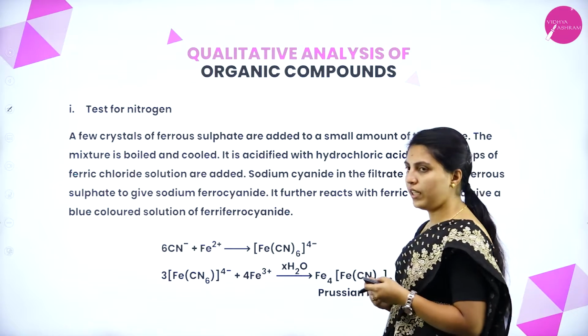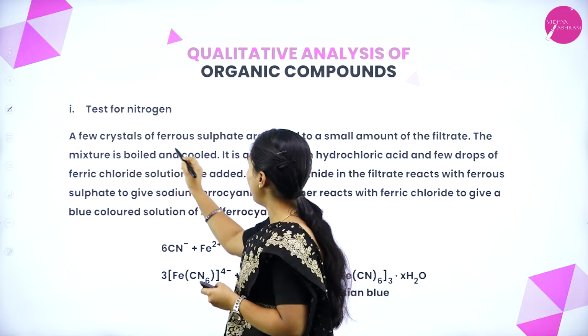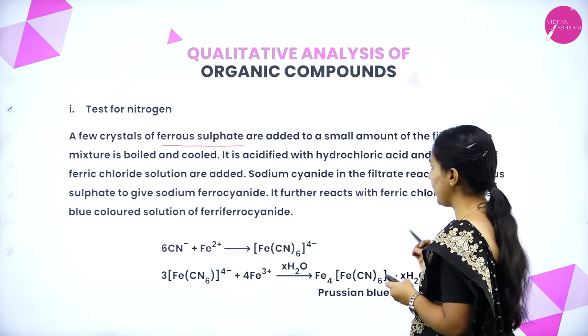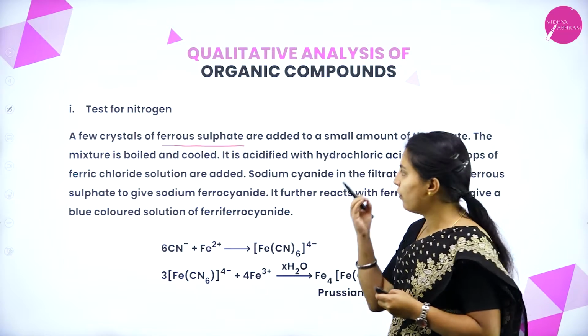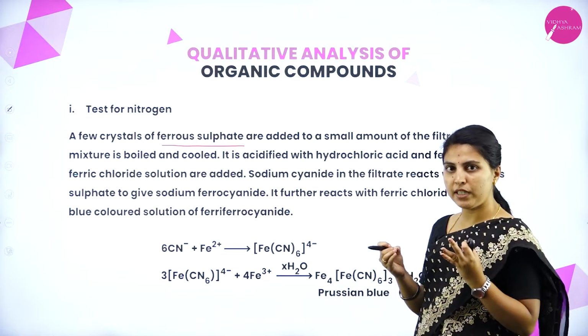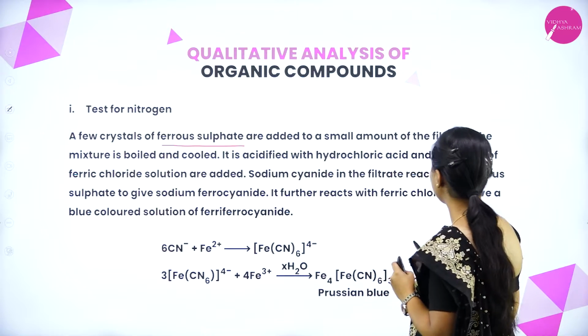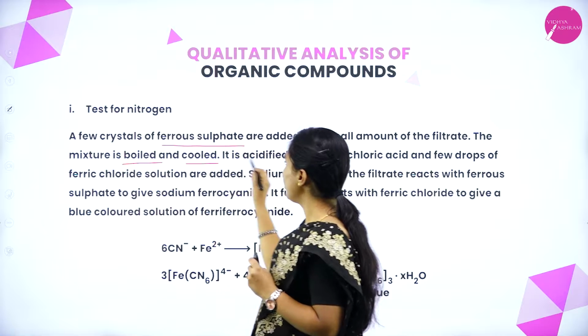Next, in the first test for nitrogen, a few crystals of ferrous sulfate are added to a small amount of the filtrate. The filtrate is the one taken from the sodium fusion extract, which you divided into three parts. Within the first part, add ferrous sulfate. The mixture is boiled and cooled.